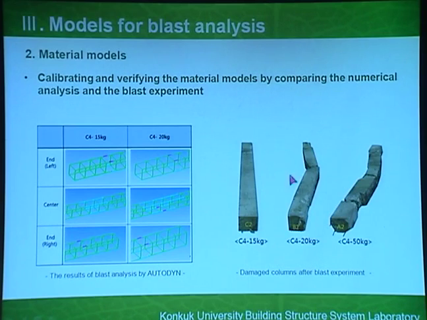This is a blast load experiment performed by another researcher. We did numerical analysis and compared the results, and we found that our result is quite accurate compared to the experiment.